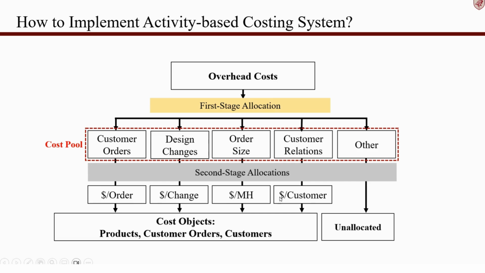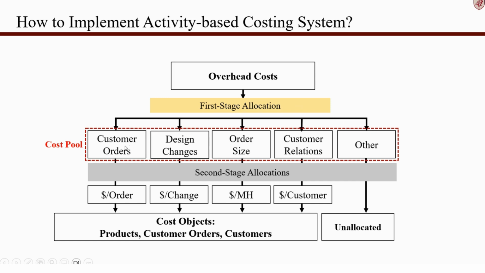So, for example, let's say there is a big chunk of overhead cost, and under the first stage allocation approach, we are interested in dividing these overhead costs into different types of activities. And for each different activity, different types of resources are consumed.